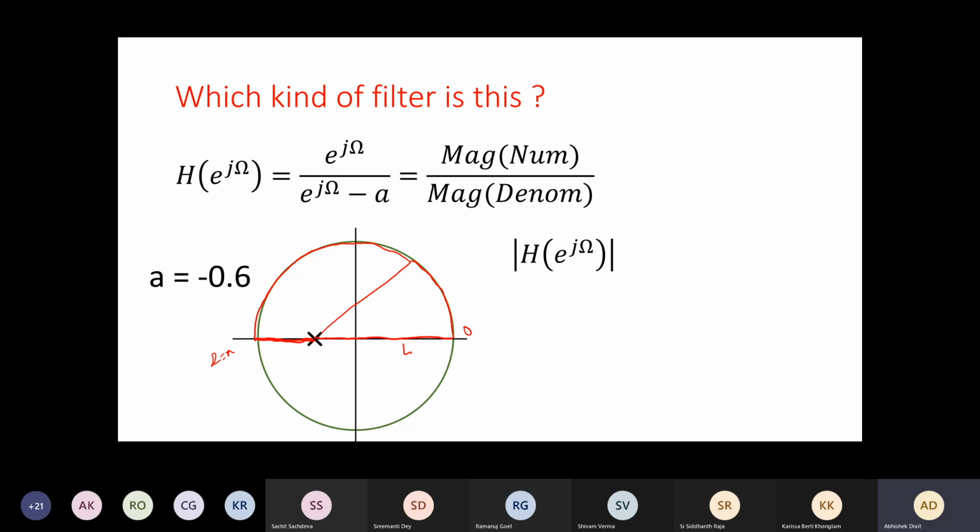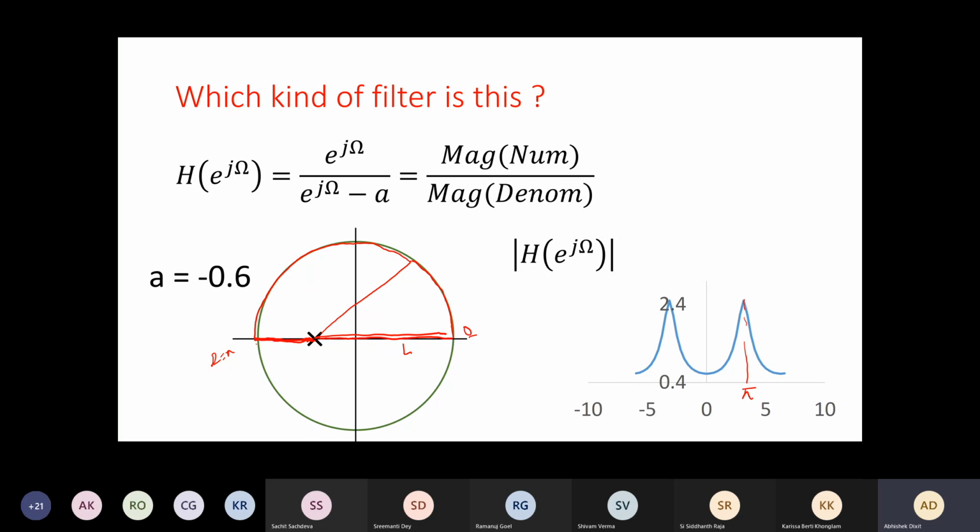So if I am plotting mod of H(e^jω), it will be some function like this. It will be highest when omega equals pi. Why? Because this length is the shortest. When would this mod of H(e^jω) be minimum? When omega equals 0. Why? Because this length is the maximum.